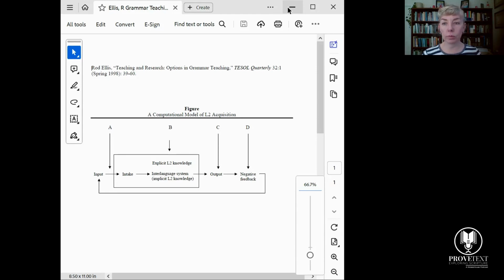So for the learner, one of the things that this allows when the learner produces output, it allows the learner to notice what he or she does or does not know. They have a heightened sense of awareness of vocabulary and grammar of the language when they're trying to produce output. And in doing so, they're going to notice gaps in their language knowledge.